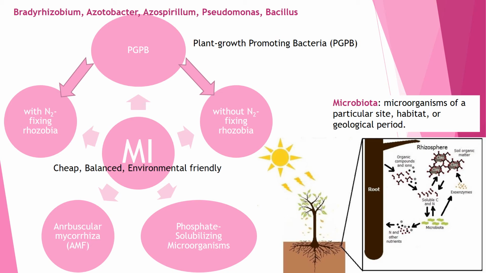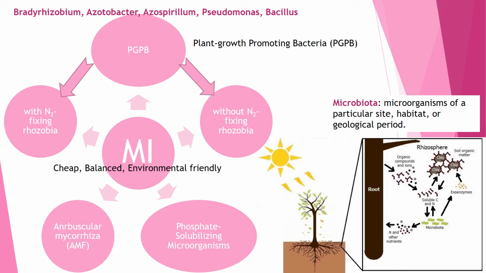So the microbes will excrete or secrete exoenzymes. This microbiota releases exoenzymes which degrade the soil organic matter and release soluble C and N and other nutrients, amino acids or organic acids.